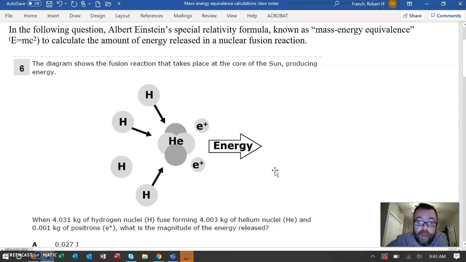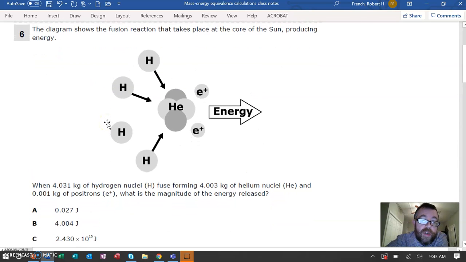In order to calculate energy released in a nuclear reaction, you need to use Einstein's famous formula, E equals mc squared. E is energy, m is mass, c is the speed of light, and we're just going to square it. This is an example of a question you might see.